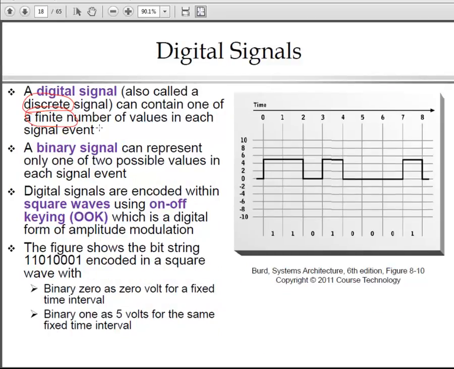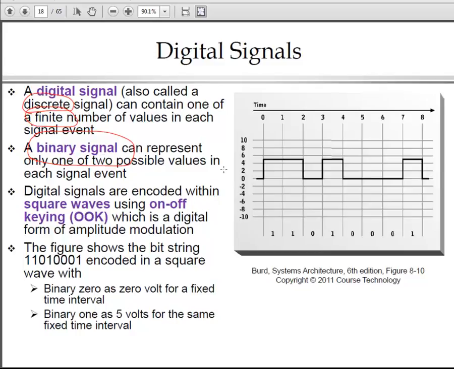Okay. And of course, a binary signal is a special case of digital in which there are only 2 possible values. So at least in theory, anything less than infinity is digital, because it's finite and countable. But the 2 ends of the continuum really are binary signals, which is the lowest capacity digital signal, and analog signals all the way on the other end.